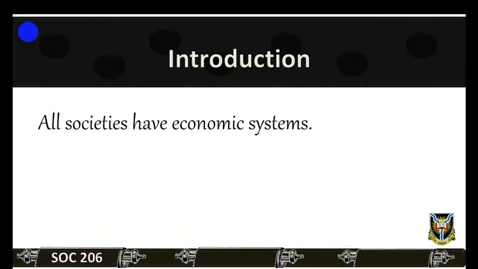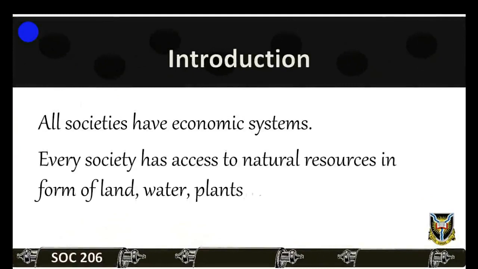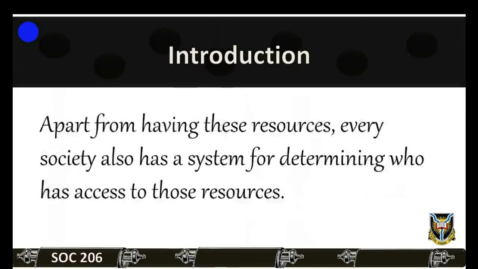All societies have an economic system. Every society has access to natural resources in the form of land, water, plants, animals, and minerals. Apart from having these resources, every society also has a system for determining who has access to those resources.